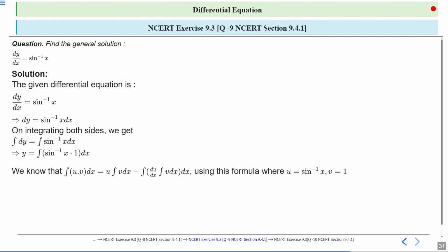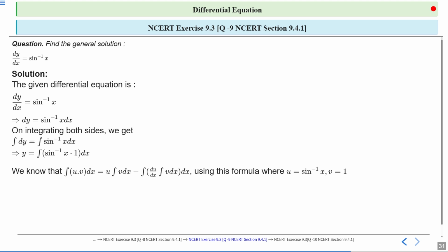the integration of sine inverse x into 1 dx. Here there are two functions and a product of two functions, u into v. Whenever we have to integrate the product of u into v, we use the by parts formula, and the formula is the integral of u into v dx is u into the integration of v dx minus the integral of the differentiation of u with respect to x into the integration of v dx, with respect to dx. We choose sine inverse x as the function u and v as 1.